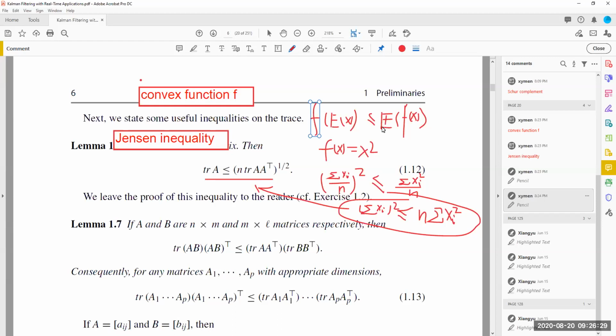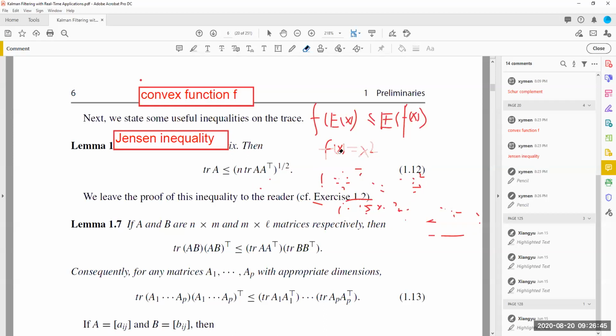Now let me give you another example in continuous time. In continuous time, the Jensen inequality used for time delay systems is a special case.